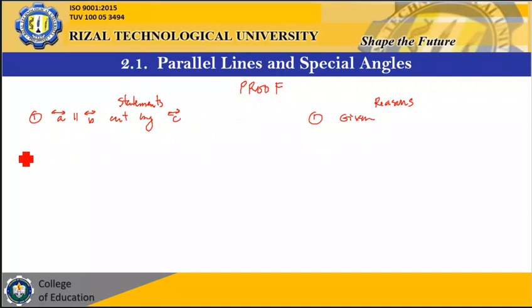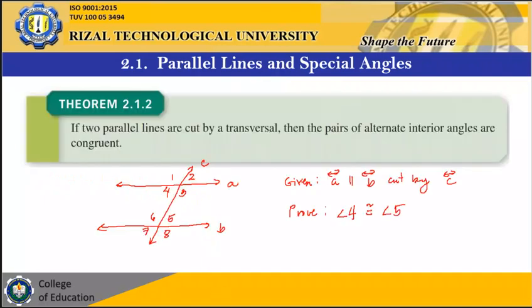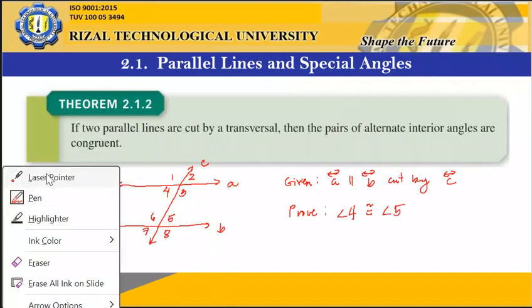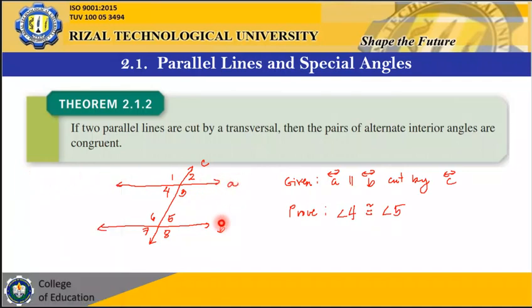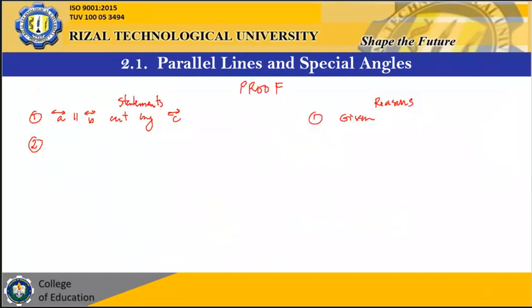For number 2, since line A is parallel to line B and cut by transversal C, we can infer that angle 2 is congruent to angle 5, since angle 2 and angle 5 are corresponding angles. So angle 2 is congruent to angle 5.